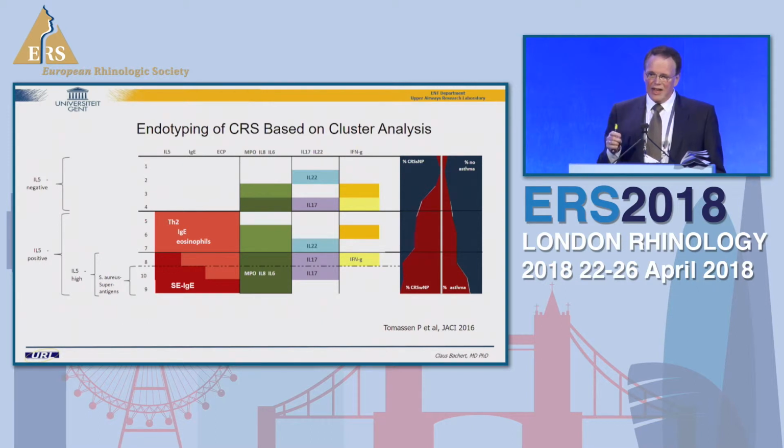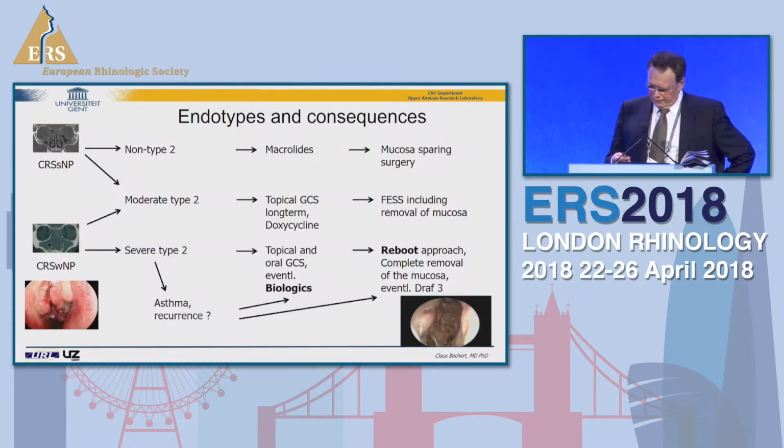And it also tells you something about how likely you are to develop recurrence. None, or 80% over the next 10 years at least. So there are big differences within this group of CRS which we have to better understand and adjust our treatment.